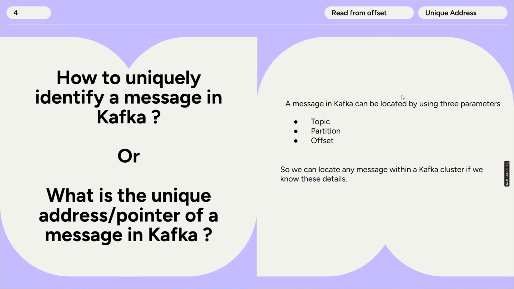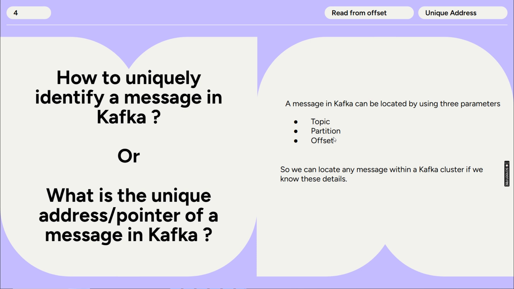Kafka has a topic, within a topic we have partitions, and within a partition we have offsets. A combination of topic, partition, and offset will help us identify or locate a message uniquely. So the answer is topic, partition, and offset.